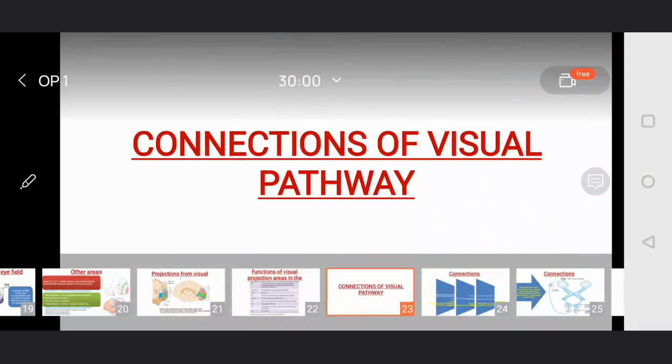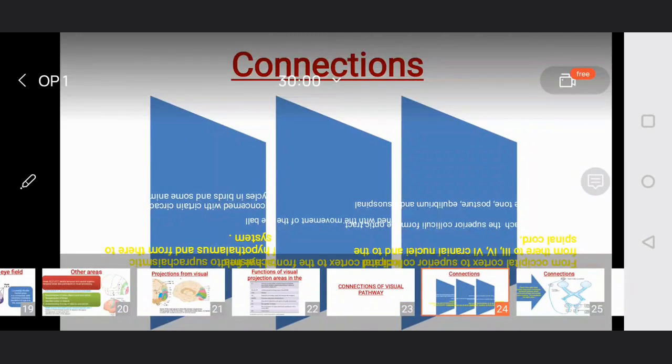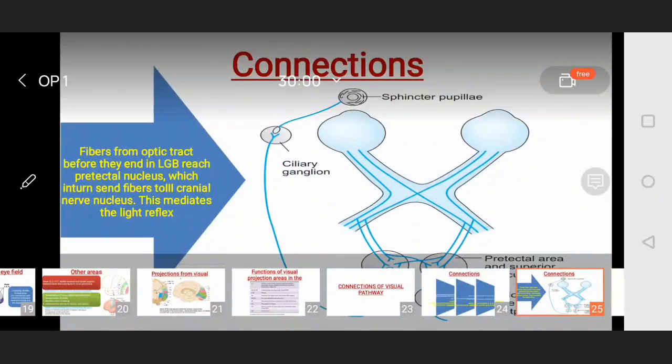And some of the connections with the visual pathway, which in the slide are not so clearly mentioned. Fibers from the occipital cortex to the frontal eye field, that is area number 18, are concerned with the movement of the eyeball, particularly with the convergence.